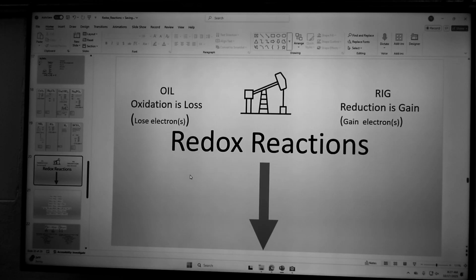And that mnemonic works. The way I always remember this is what's being referred to as reduction is a charge. Since electrons are negative, if you add electrons to something, it reduces its charge. If you can remember that, then the opposite is oxidation.